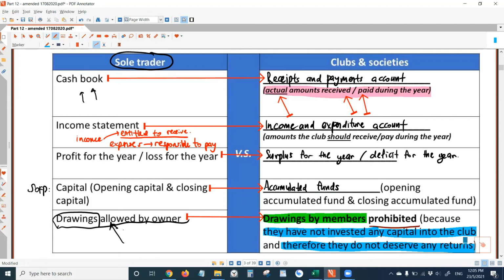Okay, so this table is important for you to be aware of the terminology difference. For this topic, we use the terms receipts and payments account, income and expenditure account, surplus for the year, deficit for the year, and accumulated funds. You must know what they represent, then you know what to do with them.